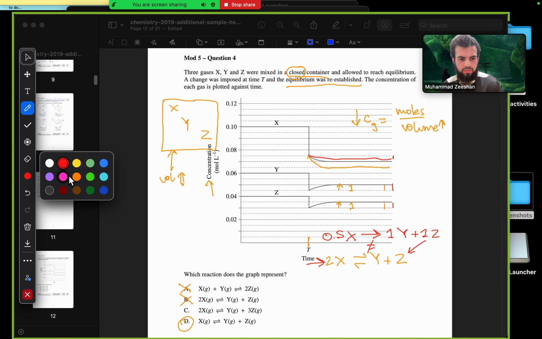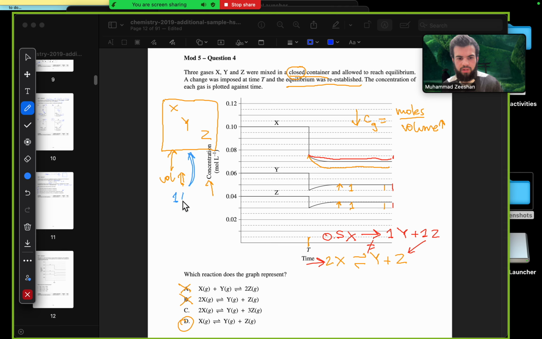So if the system is exactly 1 liter, we can just treat these as moles. So 0.1 mole of X. Anyway, so 0.6, 0.7, 0.75. This is 0.45 over there. And this is 0.3 right there. And then it becomes 0.35.